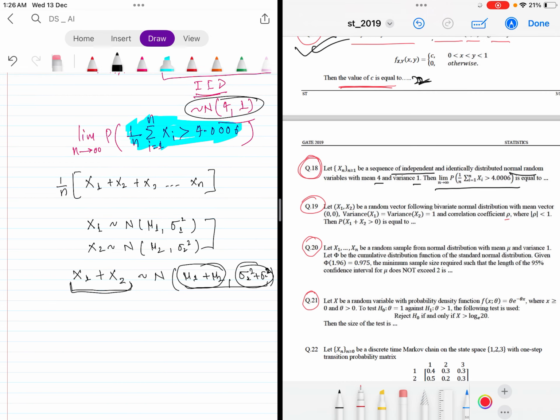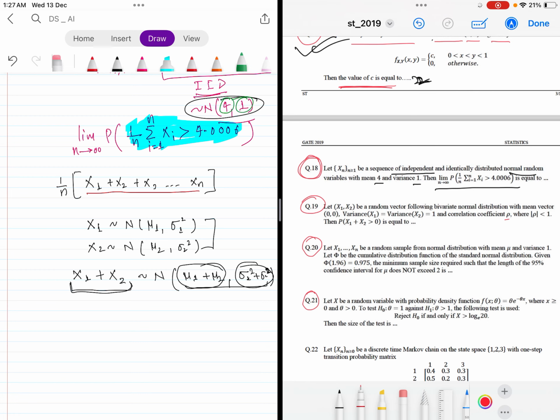So what we have here is the sum of n normal random variables, each with mean 4 and variance 1.